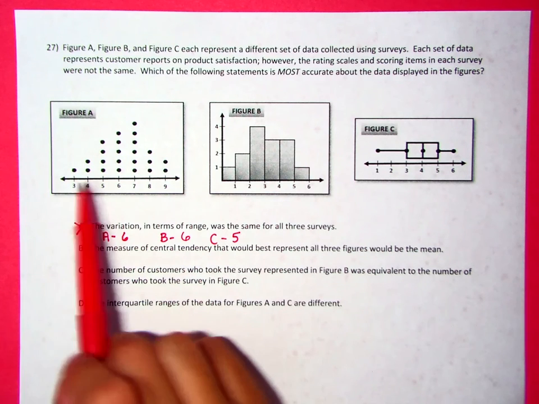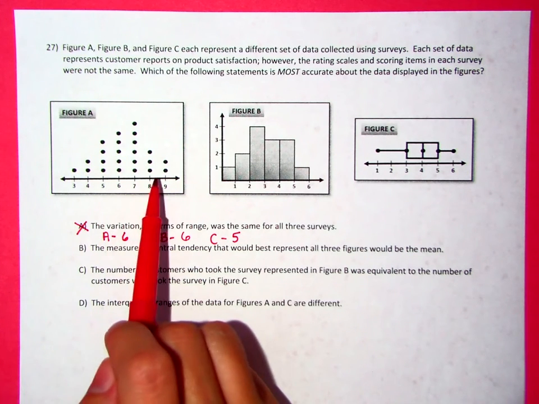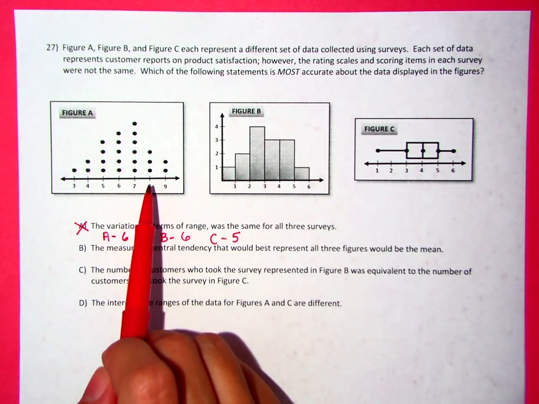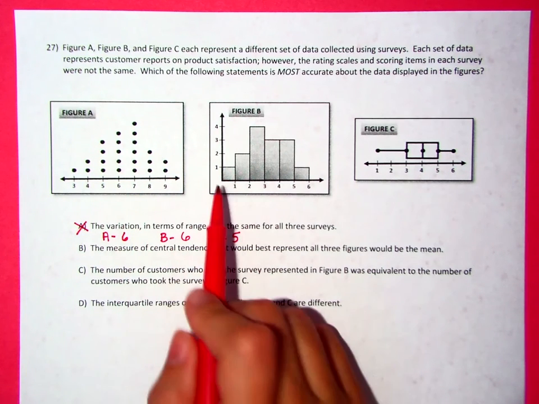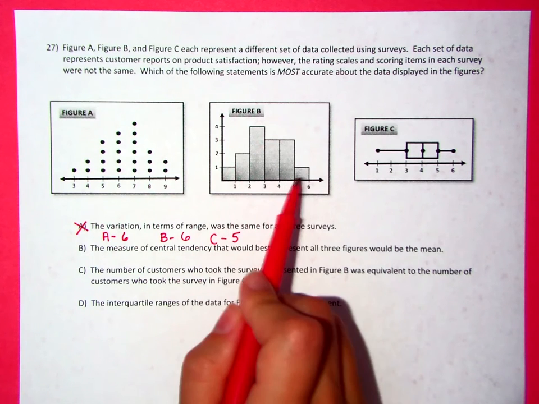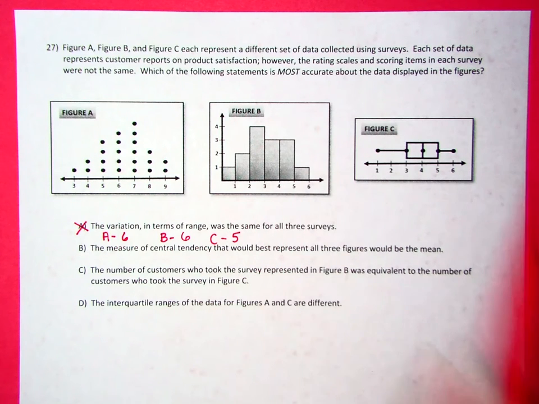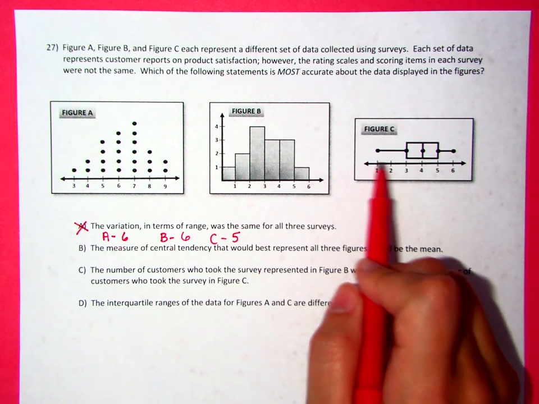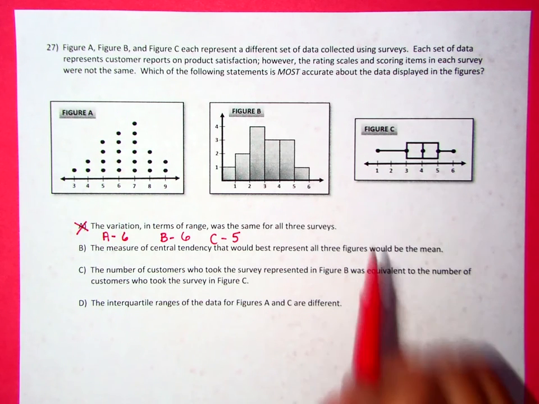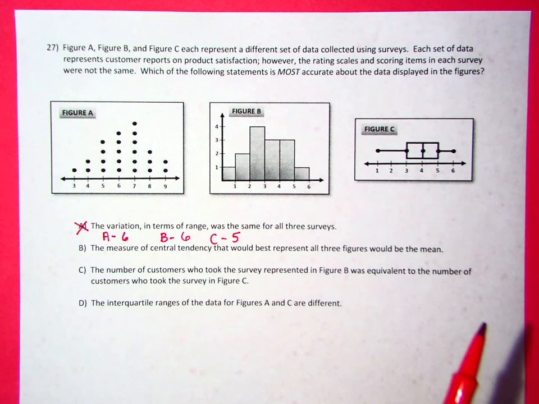So let's look to see if we have any random numbers that are really just far away from the rest of the data. From 3 to 9, those are all close together. If we look here, from 0 to 6, everything's been represented fairly well, so it doesn't look like there's an outlier here. And then from here we have 1 to 6. Now that's not a big spread of numbers either, so likely this would not have an outlier either.